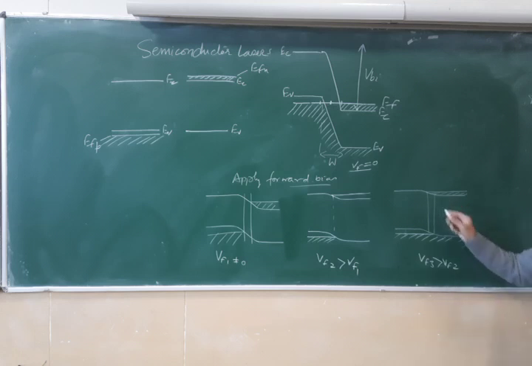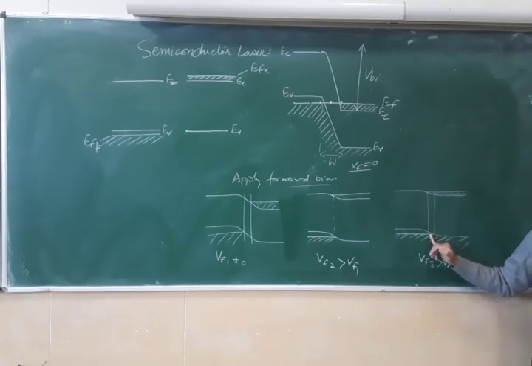At the junction, a situation is created where you have enough electrons in the conduction band and enough holes in the valence band. Enough electrons in the conduction band means higher energy states are occupied. Holes in the valence band means lower energy states are empty.